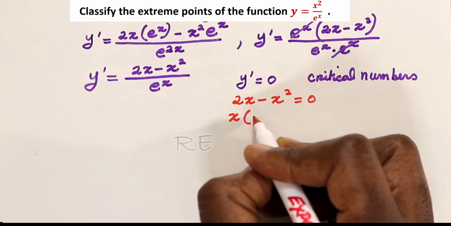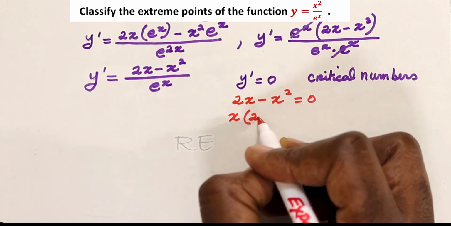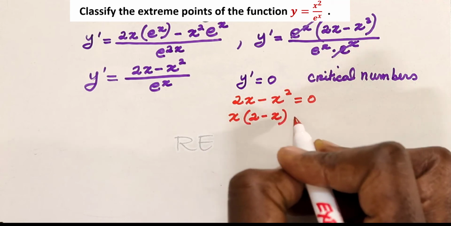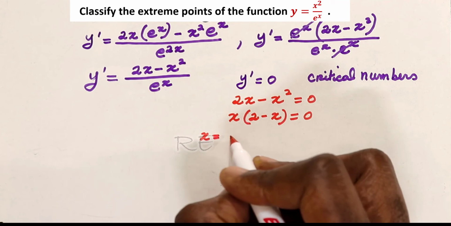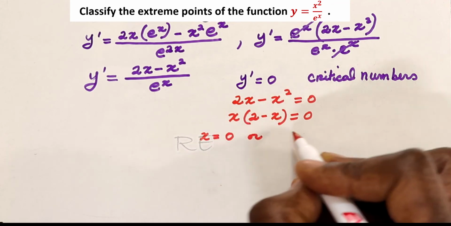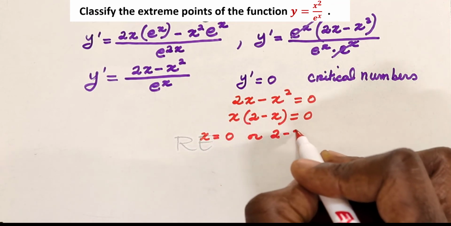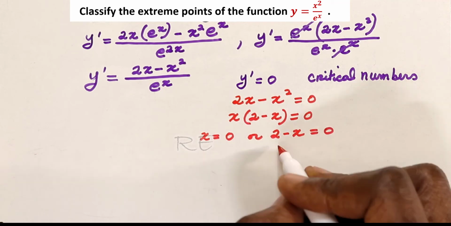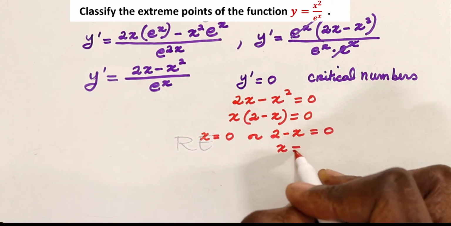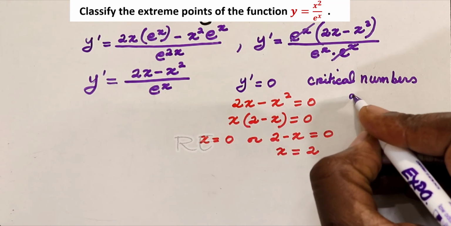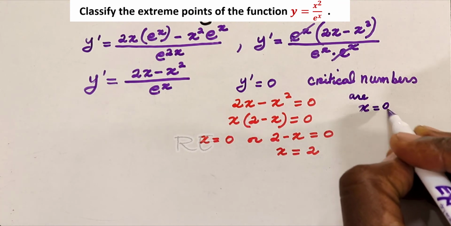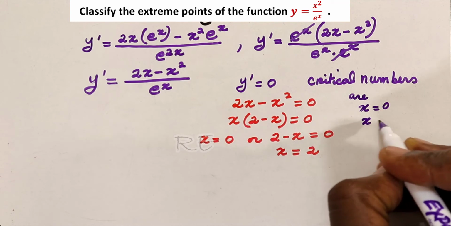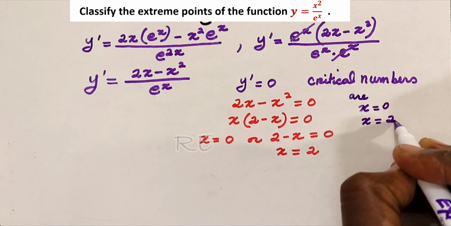In factored form, x times 2 minus x is equal to 0. So it's either x equal to 0 or 2 minus x is equal to 0. Therefore, 2 is equal to x, which means x is equal to 2. So the critical numbers are x equal to 0 and x equal to 2.